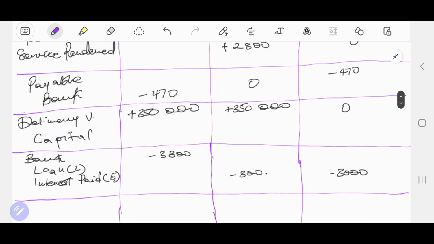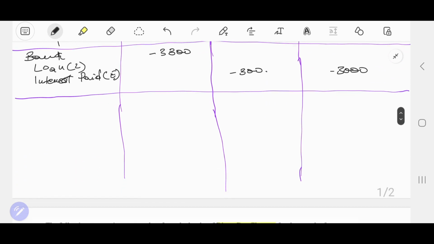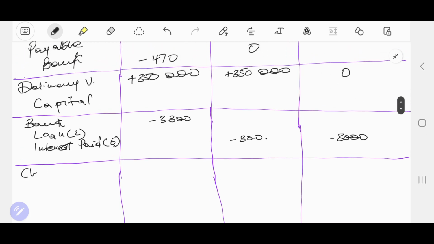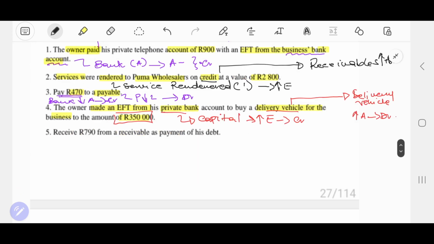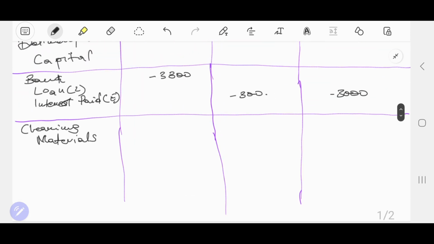So what are you going to have here? You are going to have your cleaning materials, and the cleaning materials, it's how much? 660.